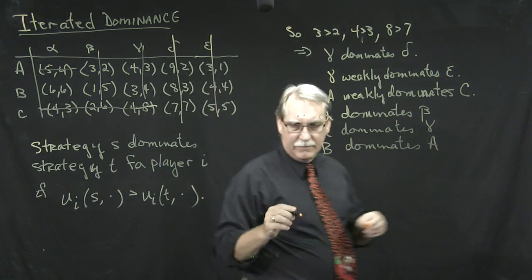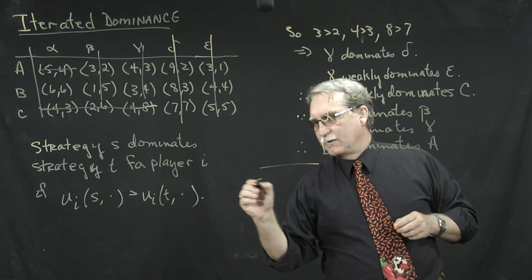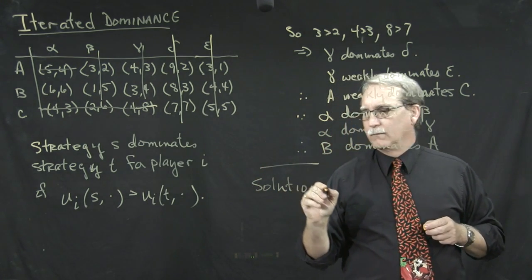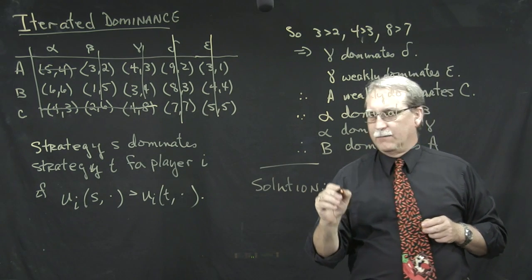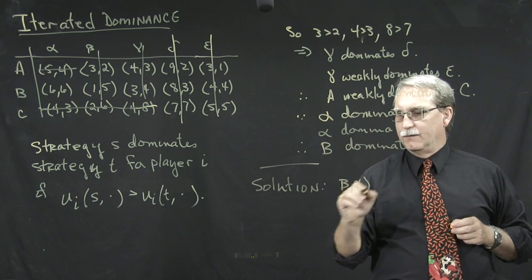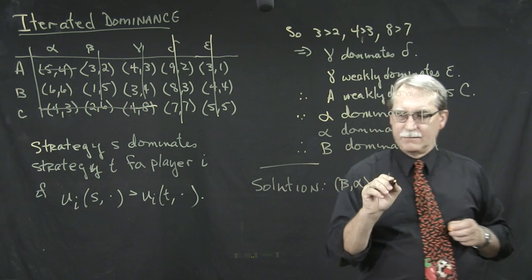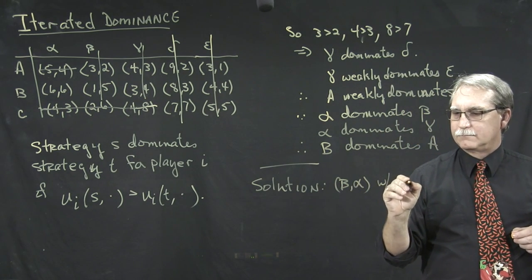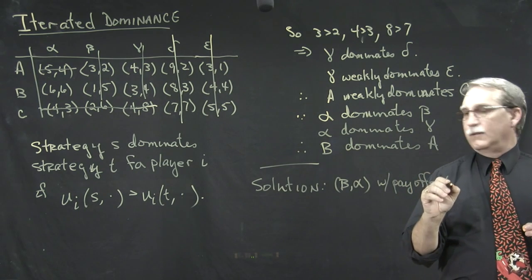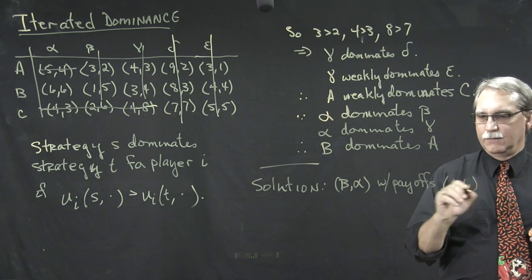In this case, we have a solution to the game: the strategy pair beta, alpha, with payoffs 6, 6.